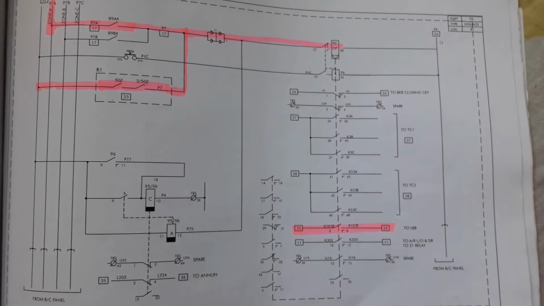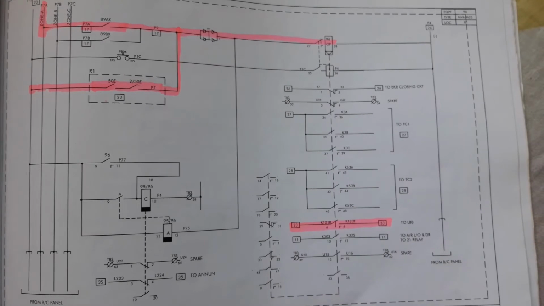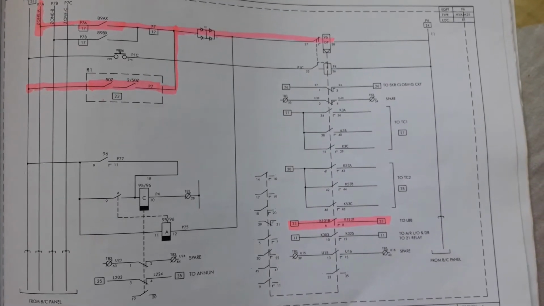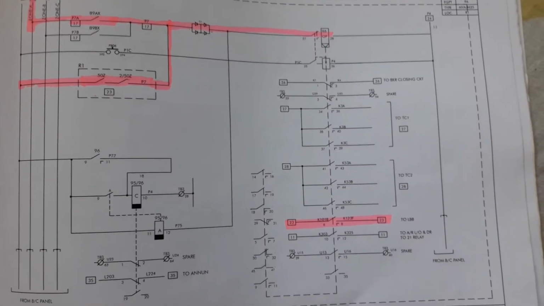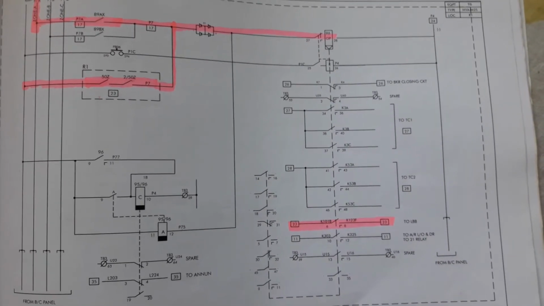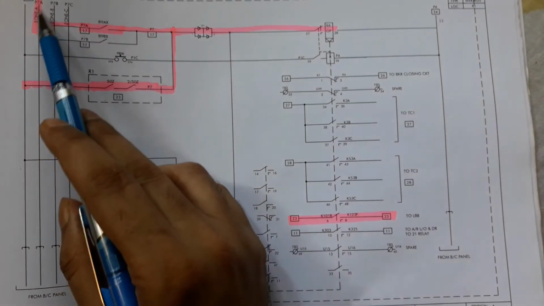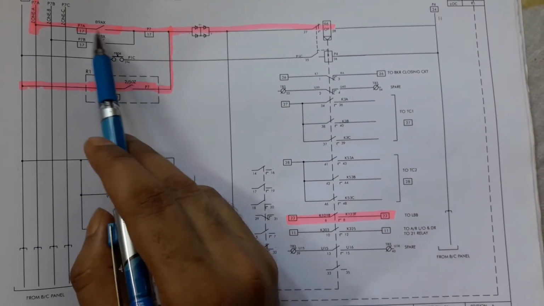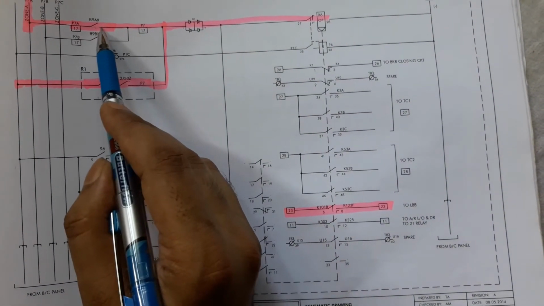This sheet is describing how LBB protection de-energizes an entire bus. This is done by isolator auxiliary contacts. Suppose the bay we are discussing is connected with bus A. So this isolator contact will remain in make condition.